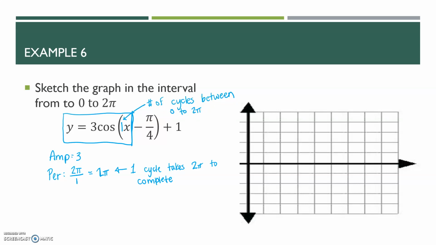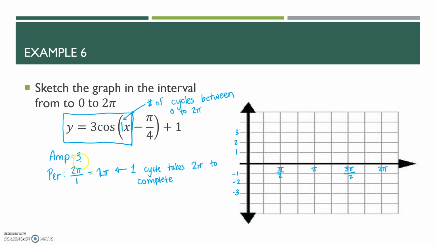All right, so I'm going to go ahead and label my graph 2 pi, pi, pi over 2, 3 pi over 2, and then I'm going to do 1, 2, 3, -1, -2, -3. All right, cosine, remember, starts at 1.